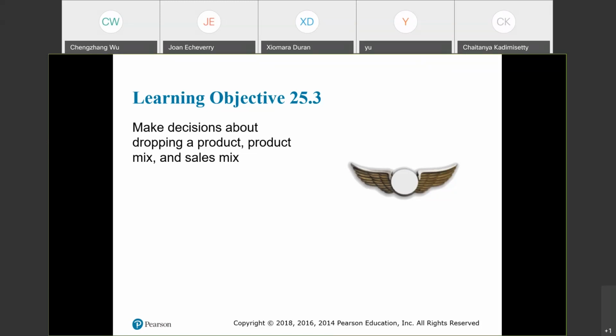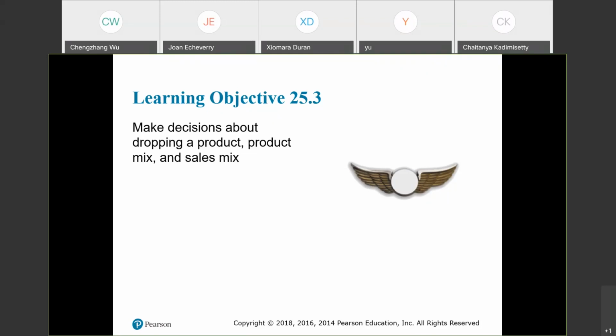And we learned about two pricing methods: target pricing and cost plus pricing. When a company is a price taker, it focuses on target pricing. And when a company is the price setter, it usually uses cost plus pricing.